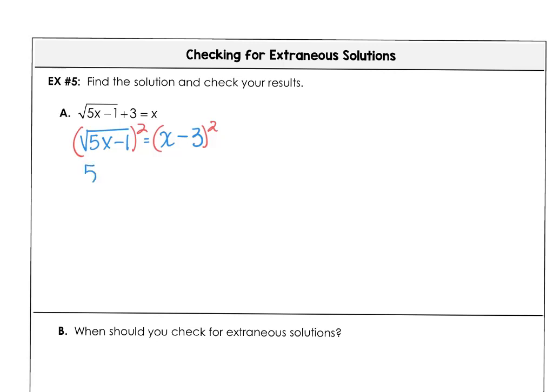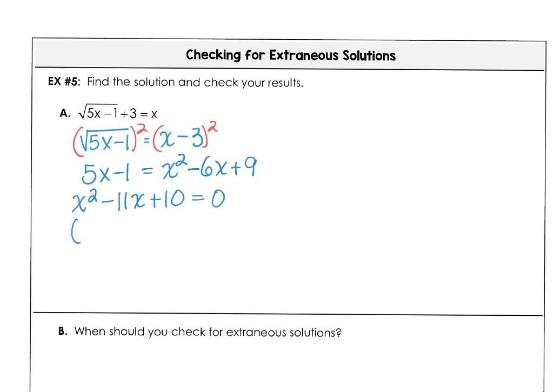That gives us 5x minus 1 on the left, but here I've got to expand this binomial, which is going to give us x squared minus 6x plus 9. So we want to collect all the terms on one side. So x squared minus 11x plus 10 is equal to 0.